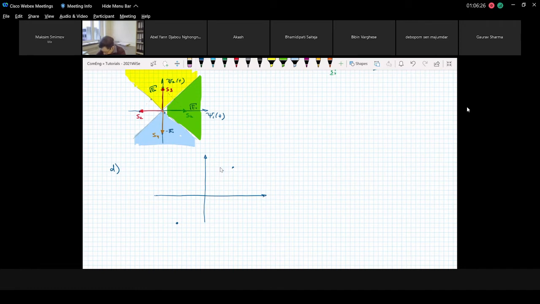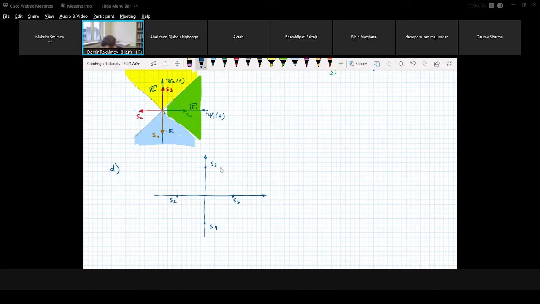We have points aligned with our axis: S1, S3, S2, and S4.